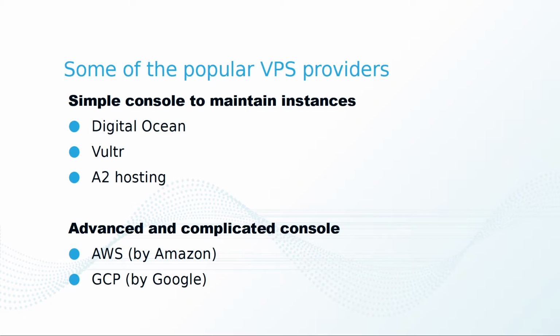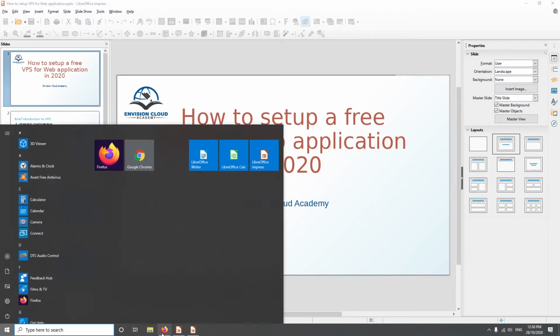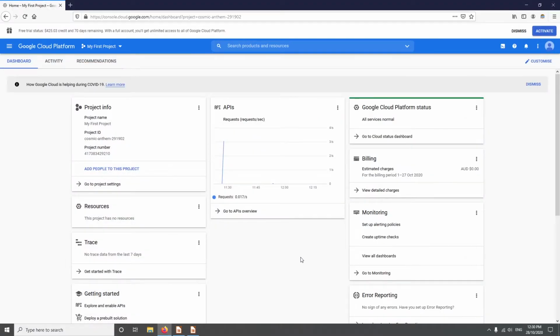So after this, we can go and have a look at how to create a virtual private server. I'm using Google's cloud server, or Google Cloud Platform for that matter. Well, it's not exactly free of cost, but it will give you some time to practice or to learn about the platform.